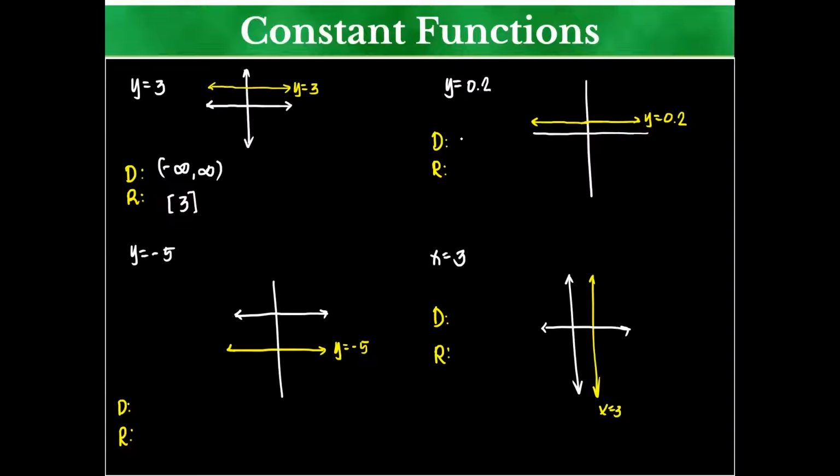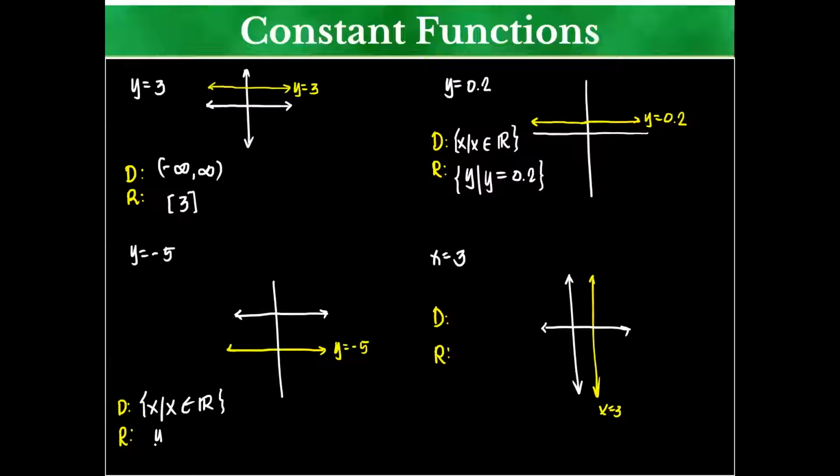It's all real numbers. So x such that x is an element of all real. What about my y? Set form. y such that y is 0.2. That's it. No problem. So here, what about this one? The one at the lower portion. Domain. All real, di ba? Ang dali na. Element of the real numbers.